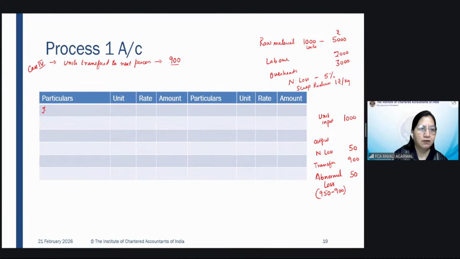Once again, material introduced in the process, 5,000 units, 5,000 rupees. Wages, 2,000.